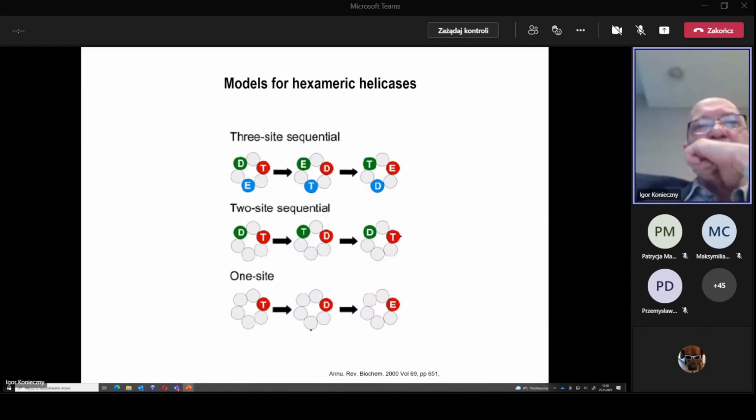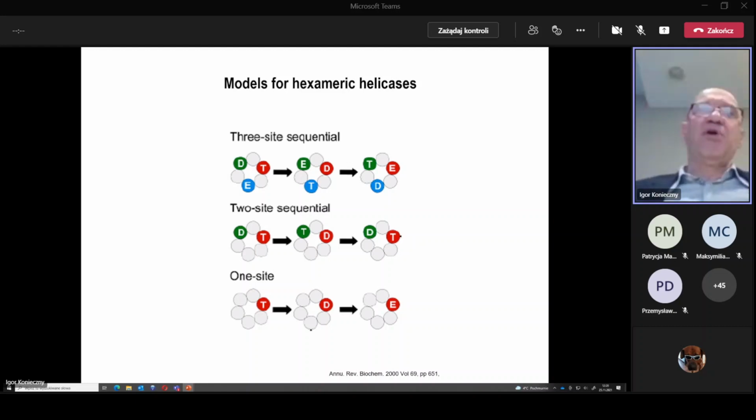This is related to ATP binding, hydrolysis, and release of ADP, and it happens in a sequential manner. That results in conformational changes, which result in rotation or movement of the helicase on the DNA, or we can say otherwise that the helicase translocates DNA inside this channel.